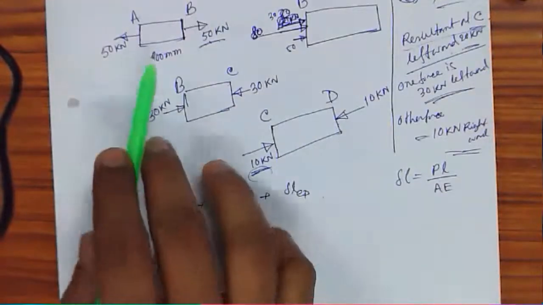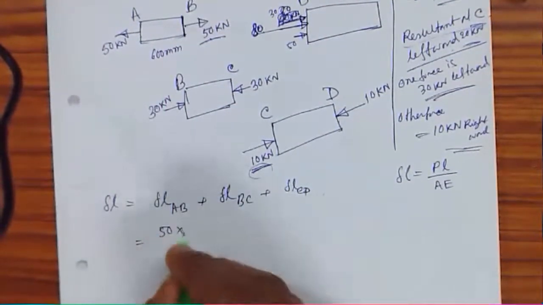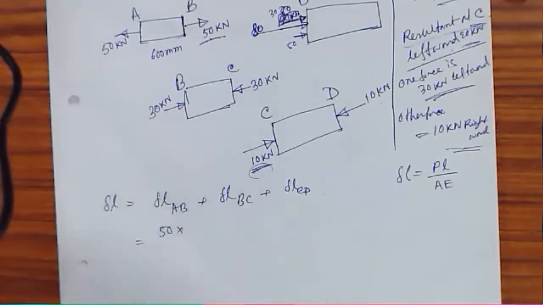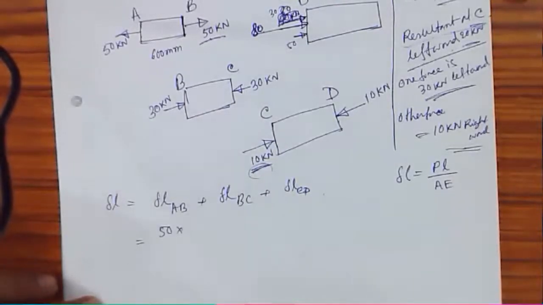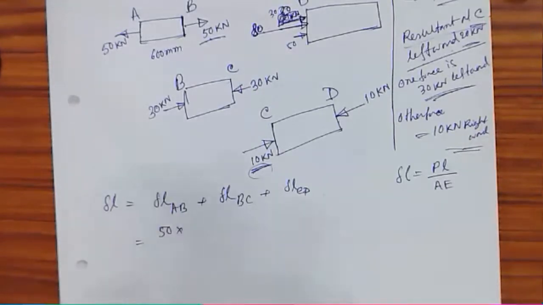So P in case of AB is positive, and that was 50, and the length was 600. Now your job is to convert all these units into a single type of unit. You can take Newton and millimeter, or you can take kilonewton and millimeter. You have to keep it simple.